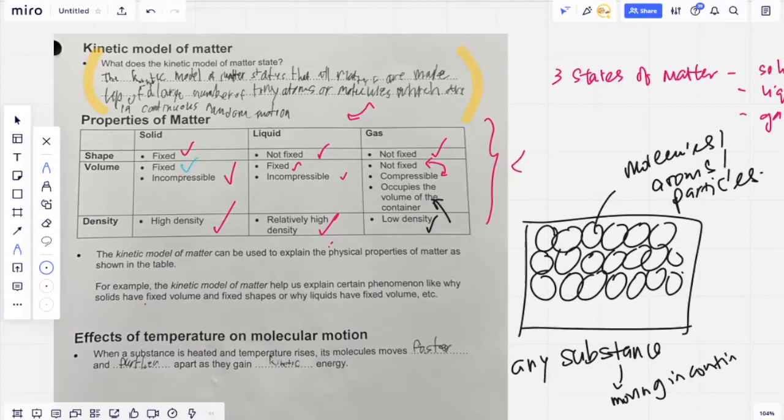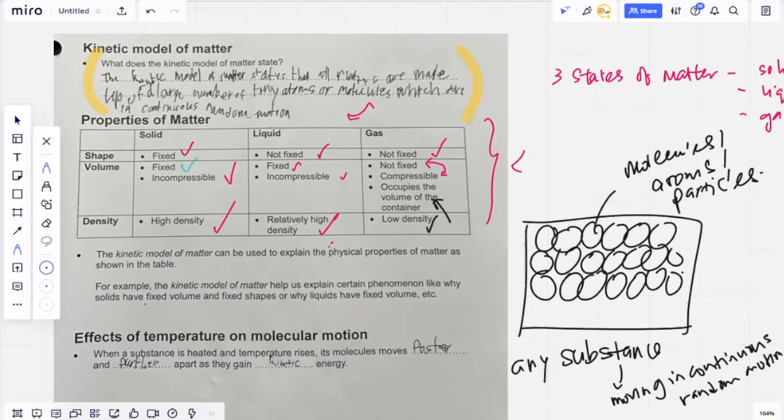This is what they say. In any substance, the molecules, the particles, or the atoms inside will be moving in continuous random motion.